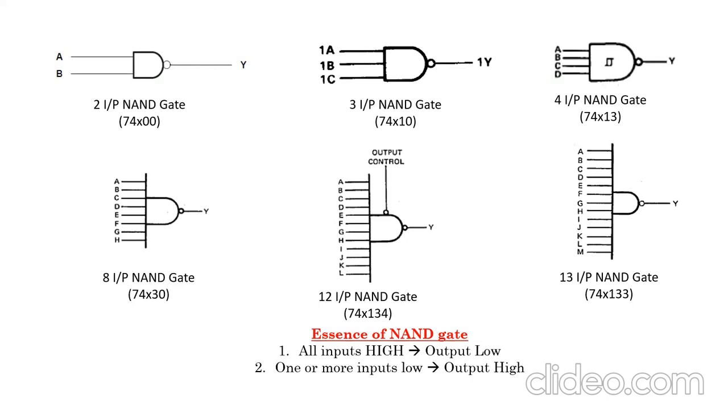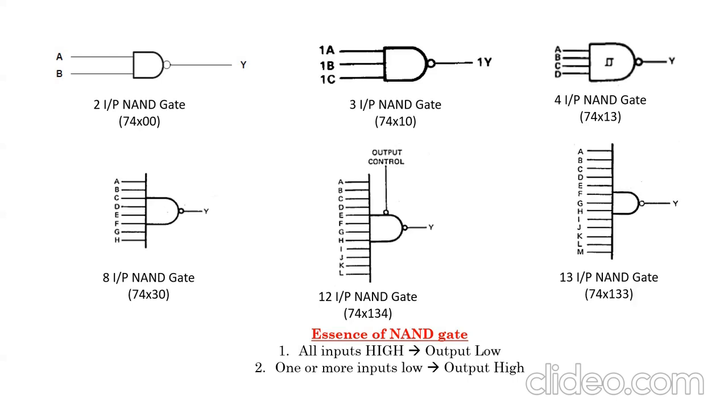The numbers given within the parentheses are their part numbers. 7400 is the manufacturer number identifying a 2 input NAND gate. 7410 indicates a 3 input NAND gate. 7413 tells that it is a 4 input NAND gate. Similarly, the numbers within the parentheses are provided by the manufacturers for identifying the gates.